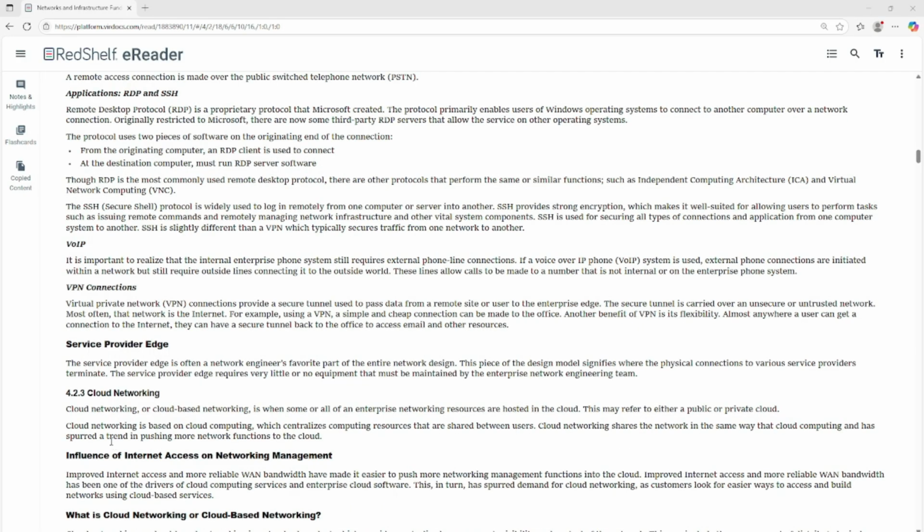Another complex network here is cloud networking. Cloud networking, or cloud-based networking, is when some or all of an enterprise's networking resources are hosted in the cloud. It could be either a public or a private cloud. There's another one called hybrid, which does both.